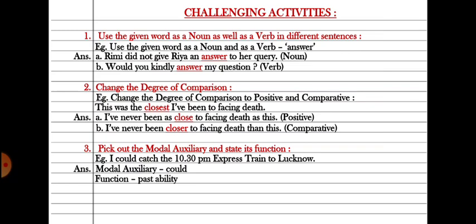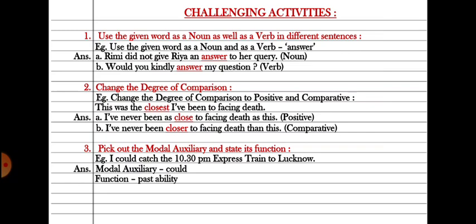A modal auxiliary is a helping verb that is used with the main verb in a sentence to indicate mood or tense and expresses meanings such as necessity, uncertainty, ability, obligation, permission, etc. Some of the common modal auxiliaries used are can, could, shall, should, will, would, may, might, must, ought to, etc.